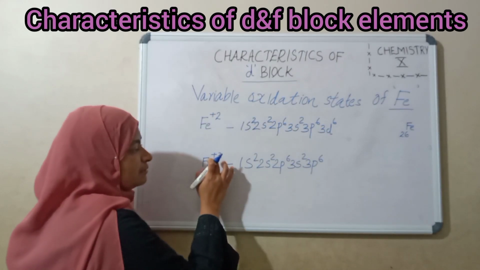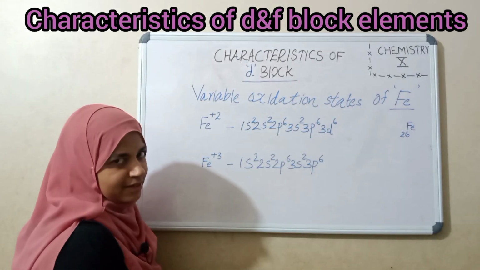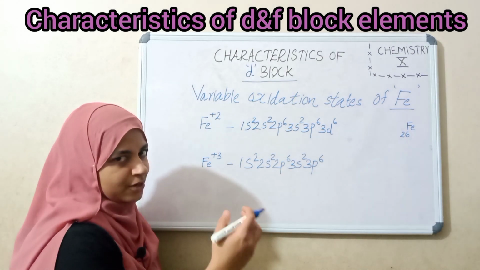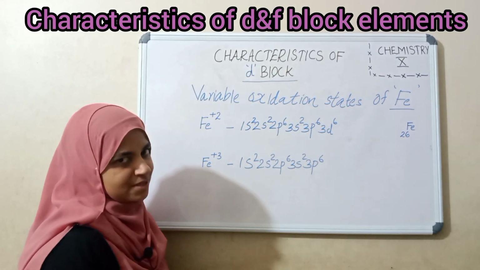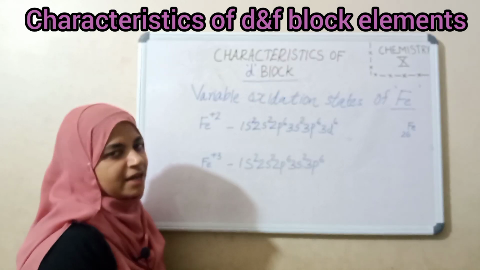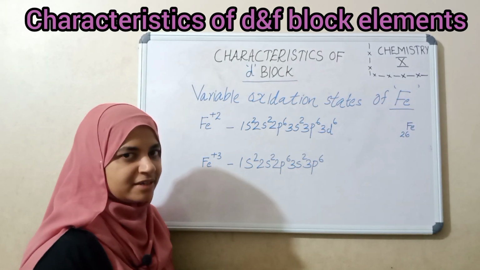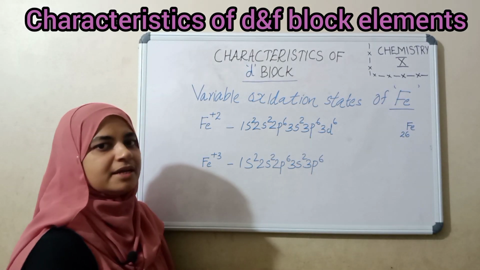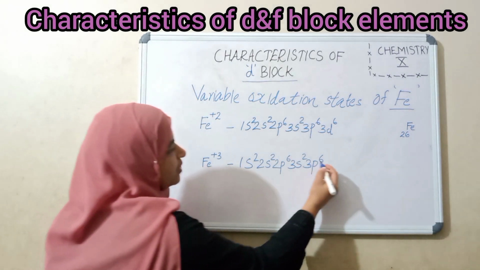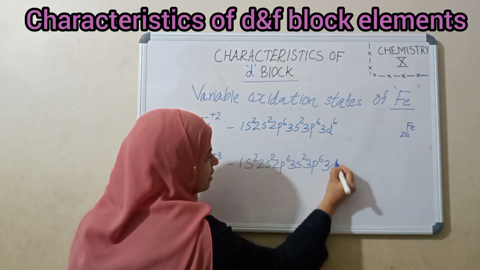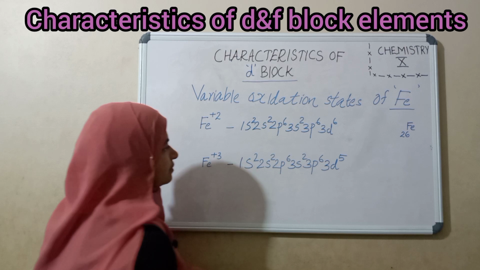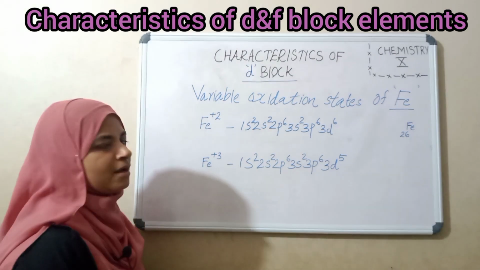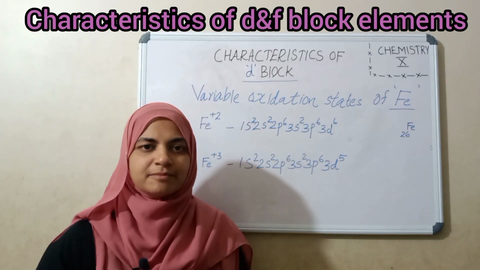Here we know 3 electrons are donated. 2 electrons are from the outermost 4s subshell. Then 1 electron is donated from the penultimate d subshell. Therefore, here 3d5. What is the reason for that?